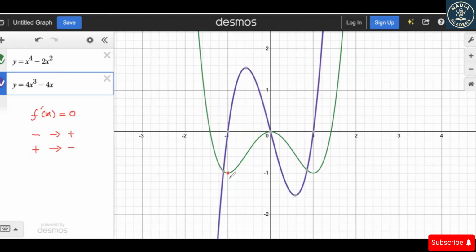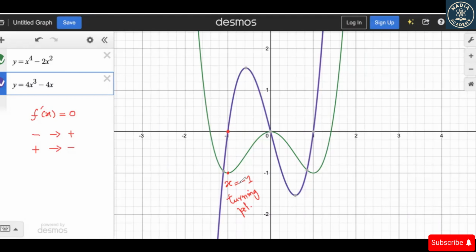So you can see that the graph of the gradient is also going from negative to positive. And this x equal to -1 is the turning point of the function.